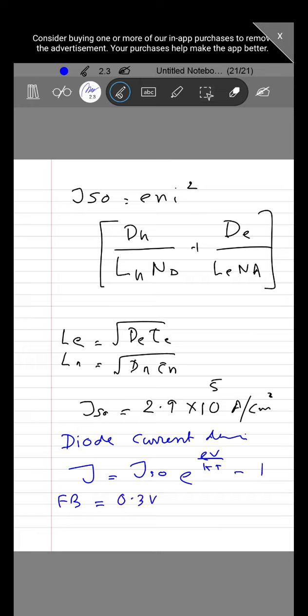So the only thing unknown is the voltage; everything else is known. So we get a value around 3179.6 nanoampere per centimeter square.